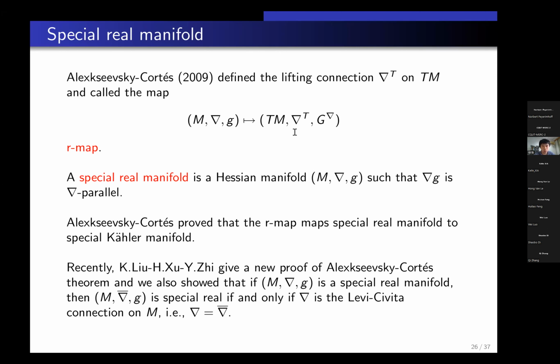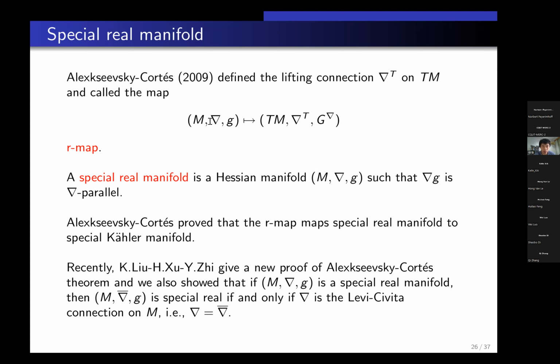On the tangent bundle, Alekseevsky-Cortes observed that when this M nabla G is so-called special real. Special real means it's Hessian, and also this nabla G is not just totally symmetric, it is nabla parallel. It just means if you take nabla of nabla G, nabla squared G is equal to 0, right? And this is called special real. And they proved that this R-map takes a special real manifold to special Kahler.